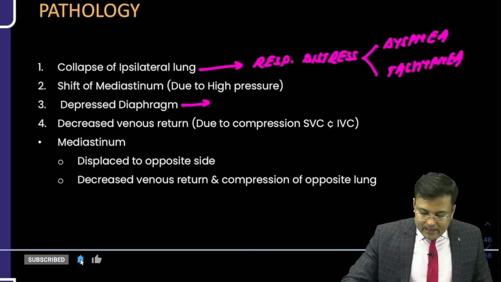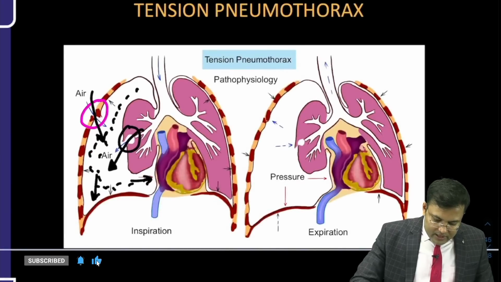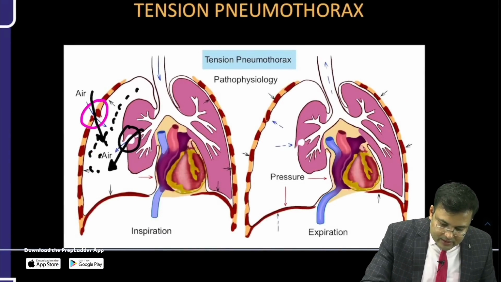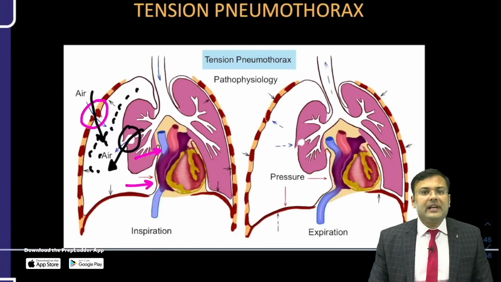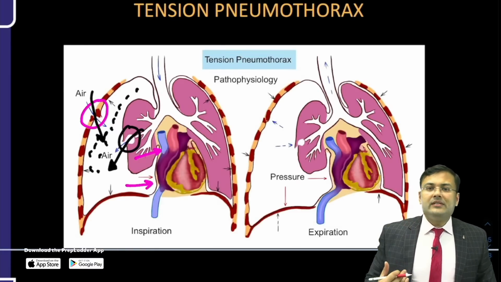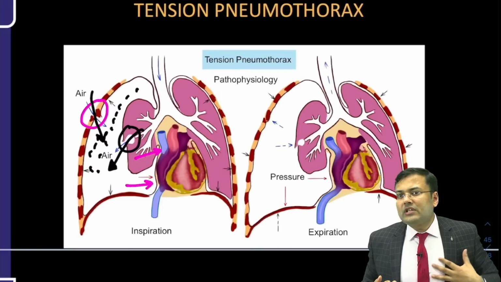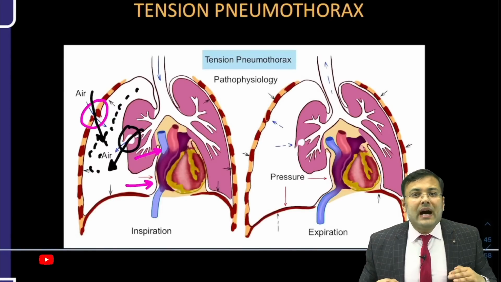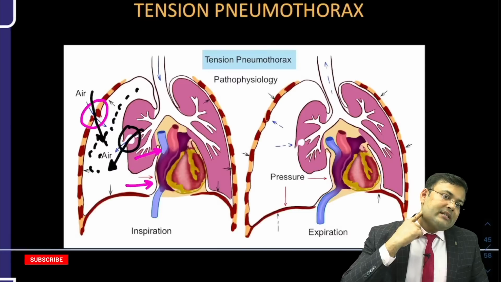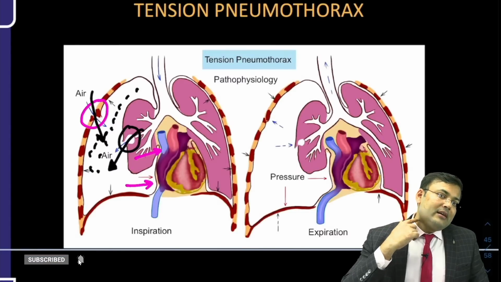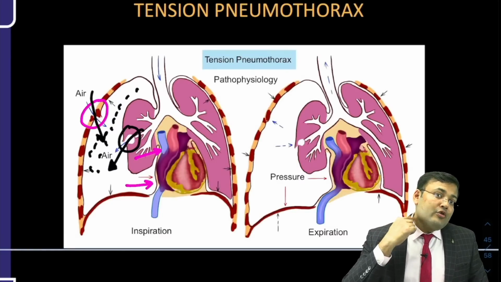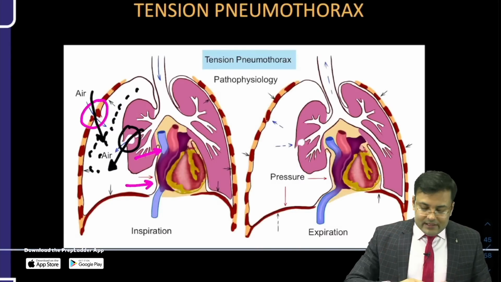Why? See the diagram. If you see this diagram, it is going to compress what? You can see here. It is going to compress the IVC. It is going to compress the superior vena cava. So venous return is decreased, that is why there is reduced cardiac output, and that is why the patient is having low BP, means hypotension. But if you see the neck veins, since the major veins are compressed, you are going to see distended neck veins.